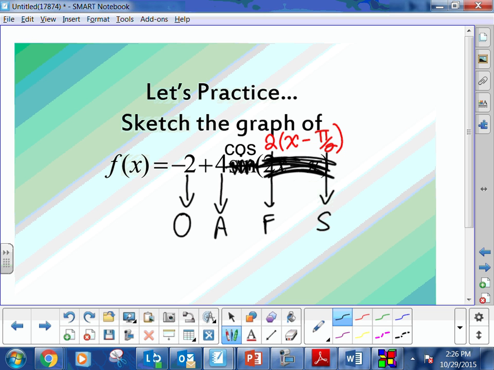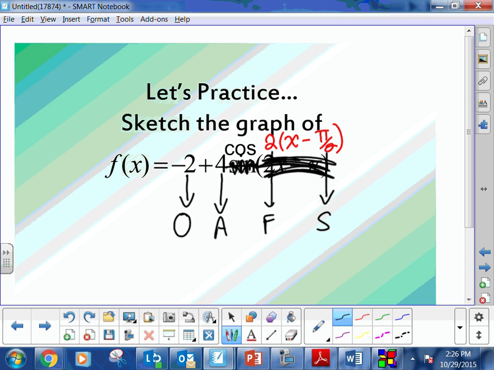Remember how with functions the h value was opposite the transformation, like if it was negative, it would move to the right instead of to the left. So that represents a starting point of pi divided by 2. That is important to know.